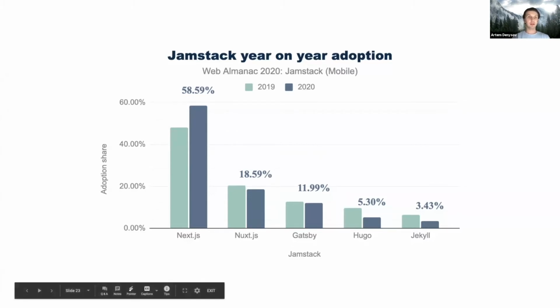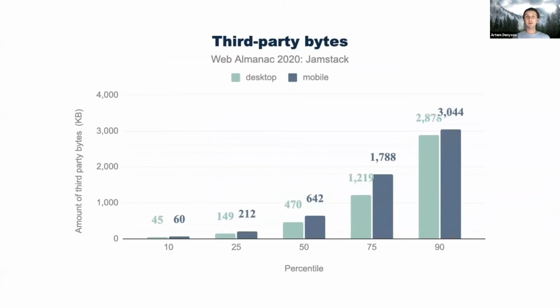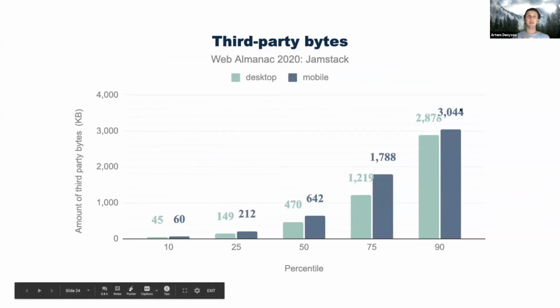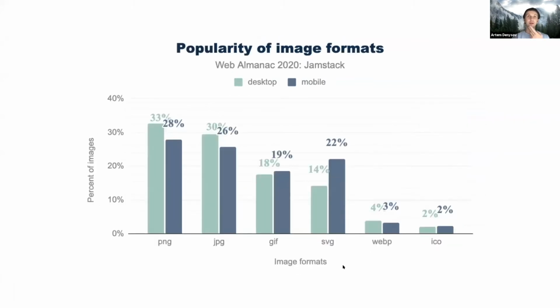The next data is about using third-party libraries, and we see that it's also growing, which is kind of not good, as was mentioned. Jamstack is a really young technology, and people are probably not using it very wisely. The same with images.